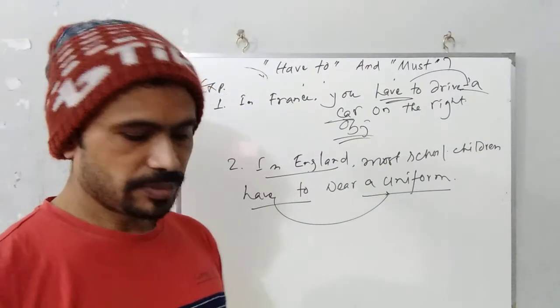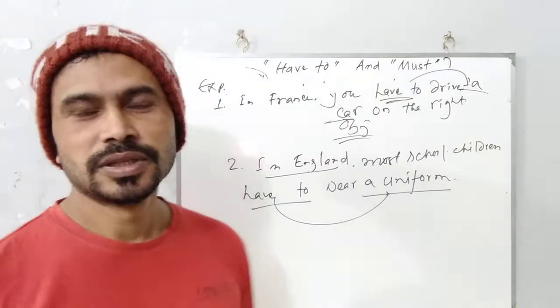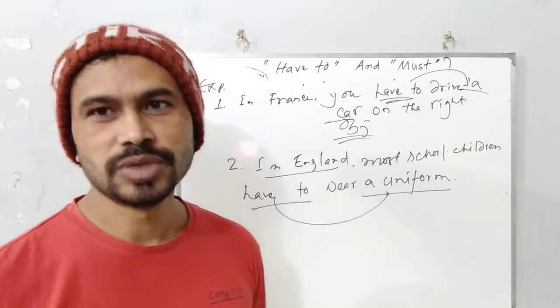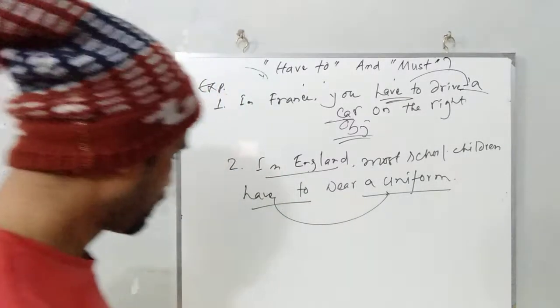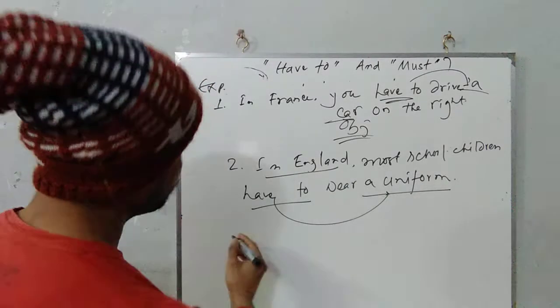So number 3, I would like to write here so that you can understand. Number 3, John has to wear a tie at work.